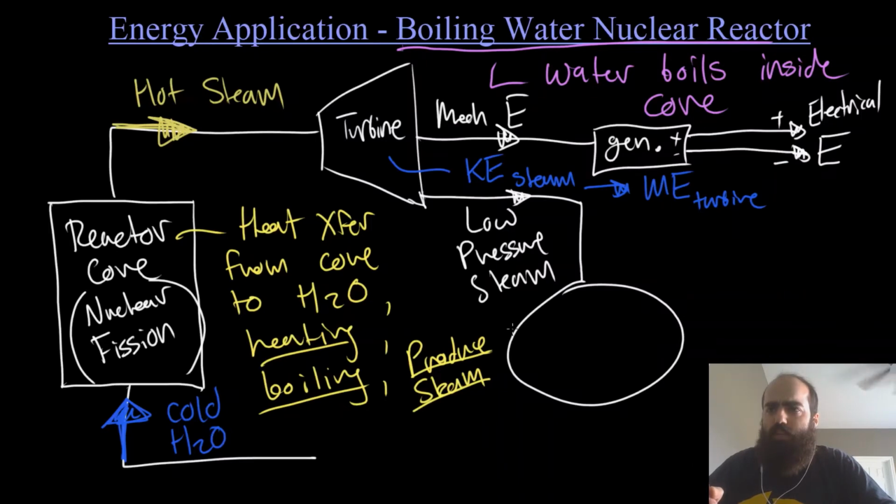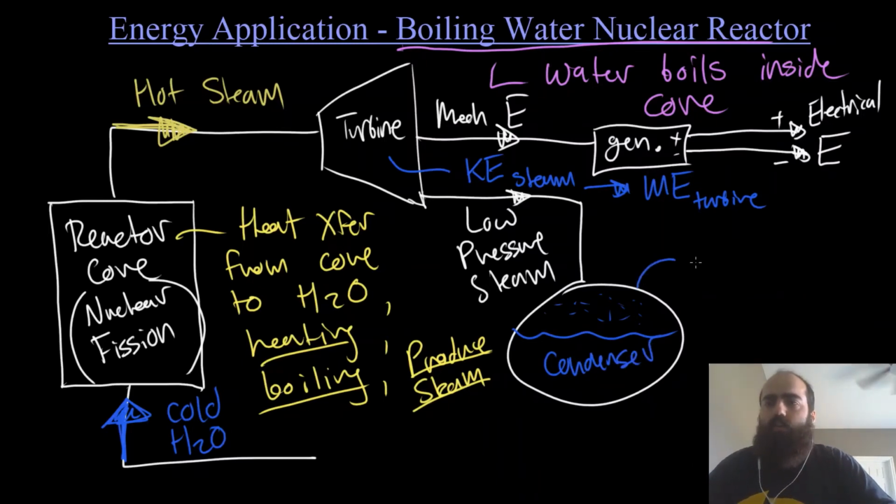This device is called a condenser, and what this condenser does is gas comes in at the top, and then this device works to condense that. You've got this water vapor, and it condenses that vapor back into a liquid. So this is your condenser.